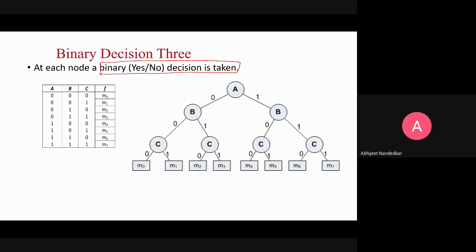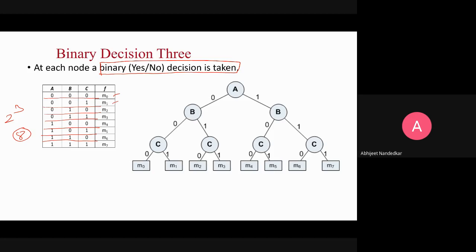Now suppose I have three variables A, B, C, and I take all the possible binary values, 0 and 1 each, for variables A, B, C. So there are 8 combinations, 2 to the power 3. And I call this combination, say 0, 0, 0, as say M0 or omega 0, and then this is class 1, 2, 3, and so on up to 7.